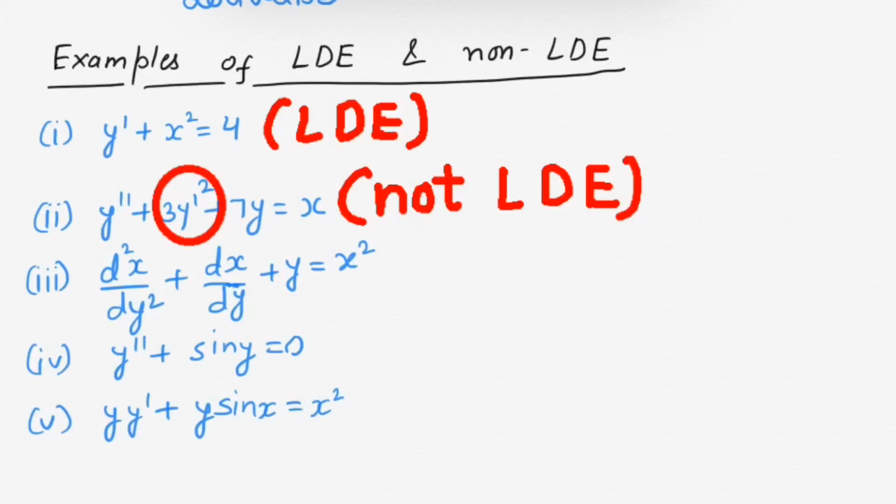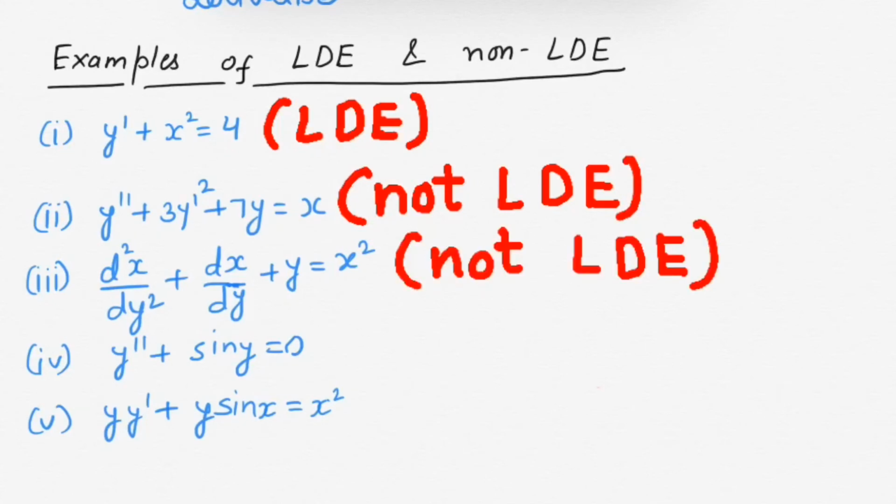In the third example, you have to be more cautious. Don't get confused considering y as dependent variable and x as independent variable. Here in this equation, x is dependent variable and y is independent variable, and you can see here we have x square. That means order of dependent variable is not linear, hence this equation is not linear differential equation.